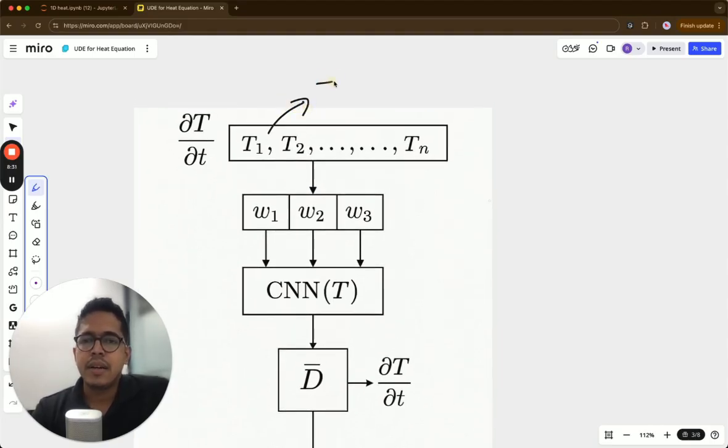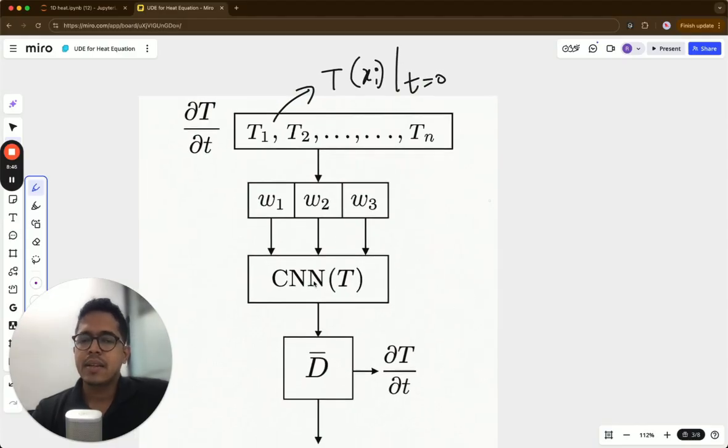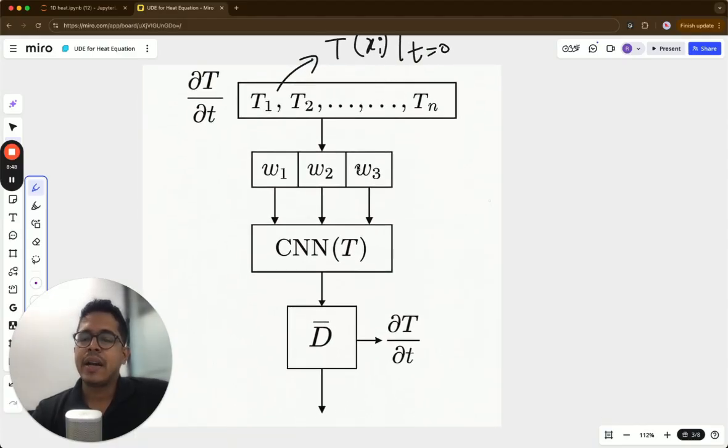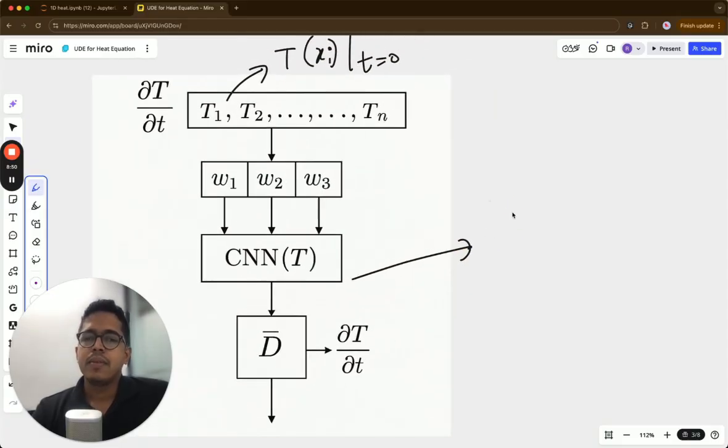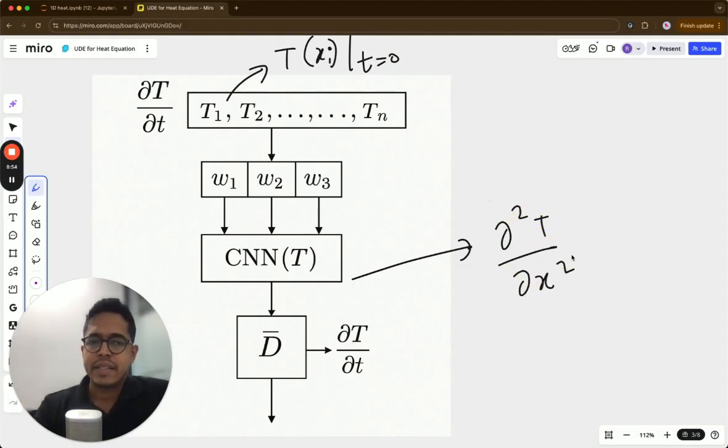This is T of X at time t equal to 0, T of Xi at time t equal to 0. So this is T at X1, T at X2, up to T at Xn for the initial time. Then you apply the stencil such that you get a predicted value of something that is the equivalent of ∂²T/∂x².